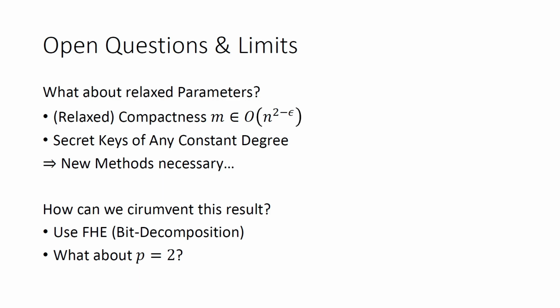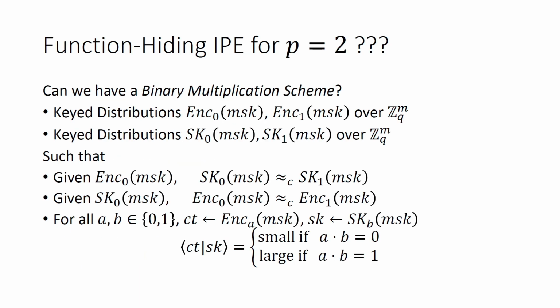So I want to give you a little puzzle or small challenge, and I hope somebody of you will solve it for me. Can we have the following? This is a simplified, minimalistic, function hiding IP scheme for message modulus 2. I call it a binary multiplication scheme because this makes sense to me. We have 4 key distributions: encrypt 0, encrypt 1, secret key 0, secret key 1.